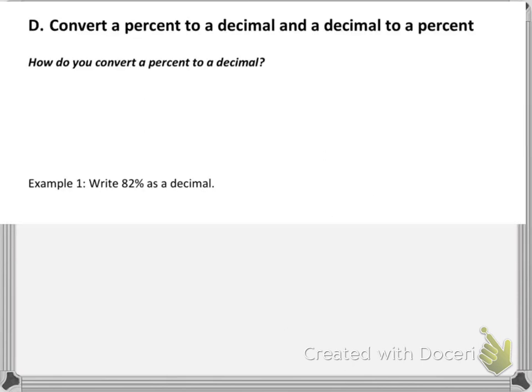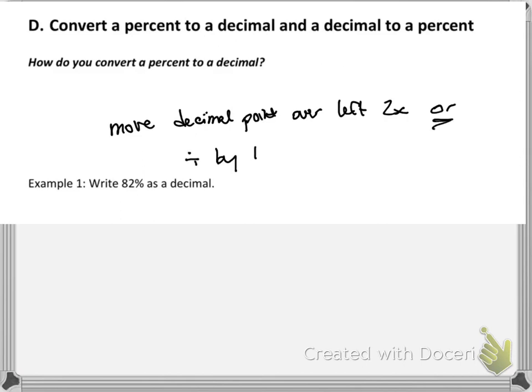Okay, what about converting a percent to a decimal? Okay, we literally just move the decimal point over to the left twice, or you can think about it as dividing by 100. Okay, so in other words, 82% is equal to 0.82.